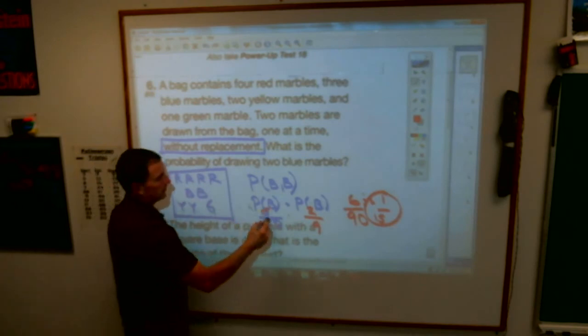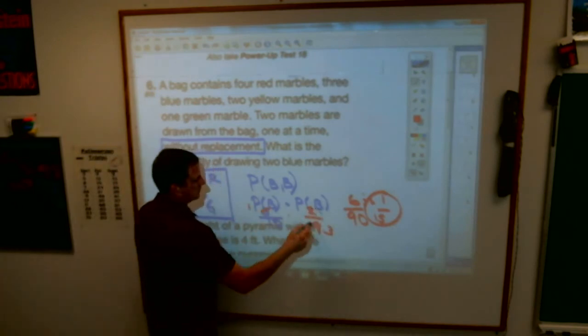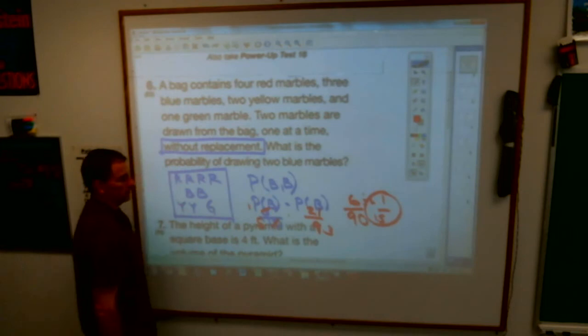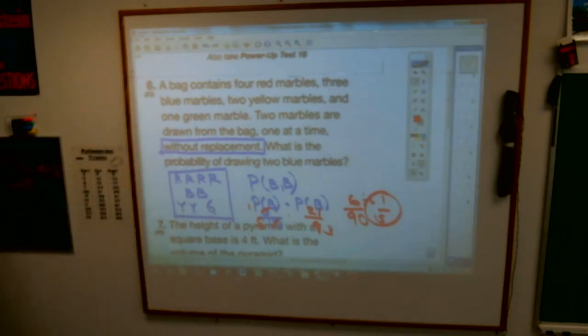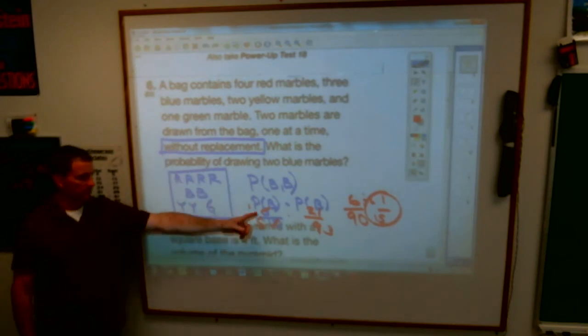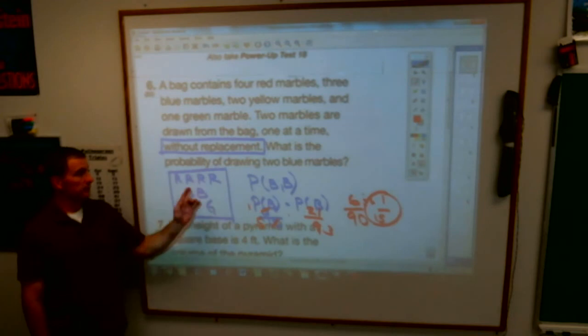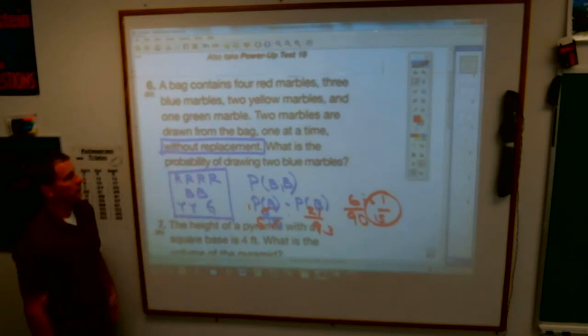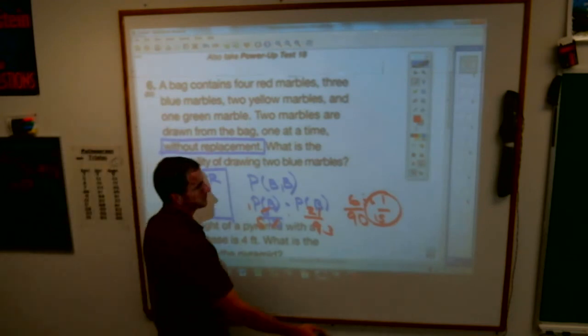Could have crossed the 3 with the 9. Could have crossed the 2 with the 10. That's 1/15. How many people got it wrong because they multiplied 3/10 times 3/10? Nobody? Oh, look at you kids. No replacing the marble.